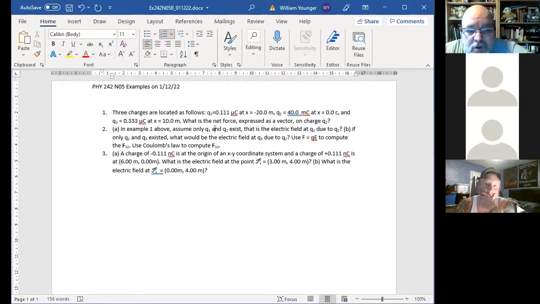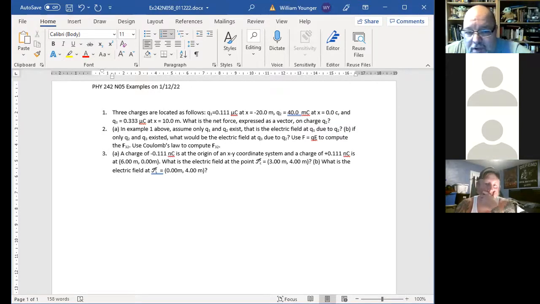Example 1, 3 charges are located as follows. There's a charge Q1, which is 0.111 microcoulombs. Those of you who aren't that awesome at arithmetic, I want to point out that that's essentially 1/9, so that'll come in handy. But it's at the position x equals -20.0 meters.